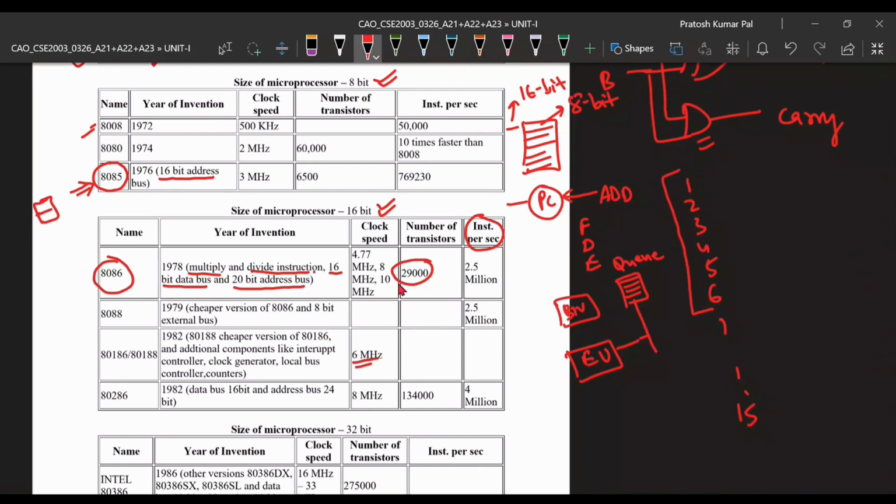In 8085, 8086 and 8088, it is 2.5 million instructions per second, the same. But in case of 80286, it is 4 million instructions per second, because of the variation in clock speed.